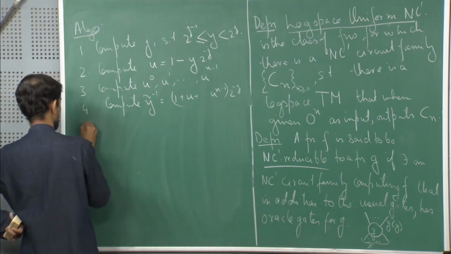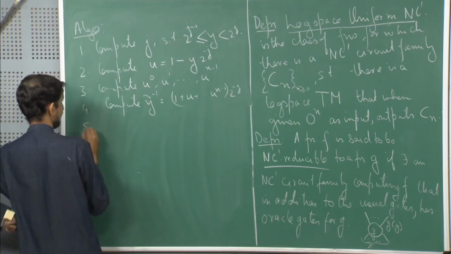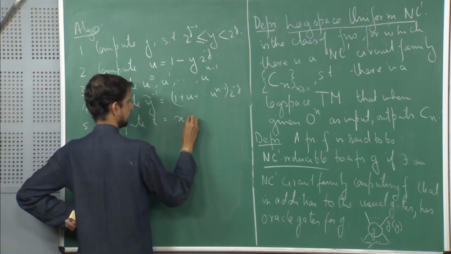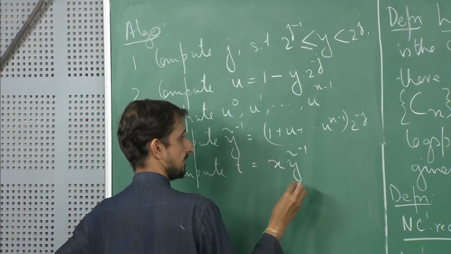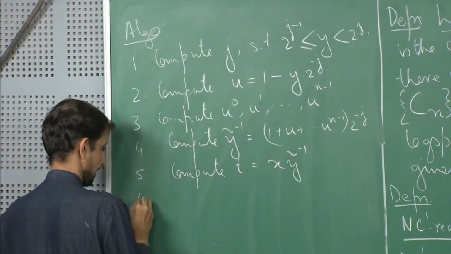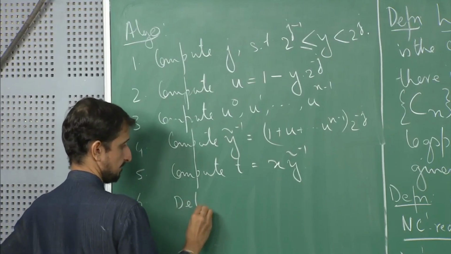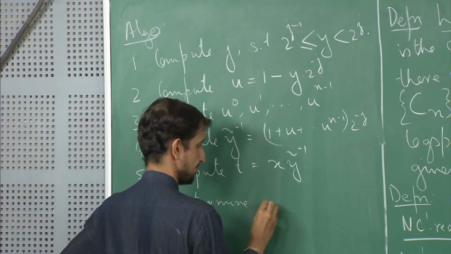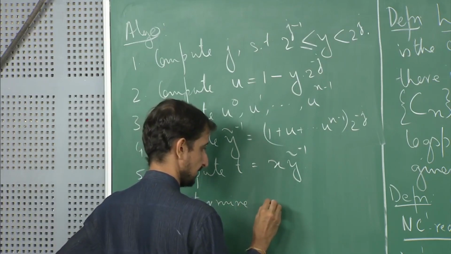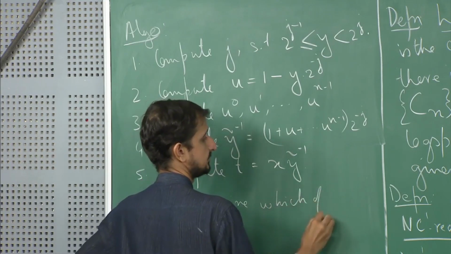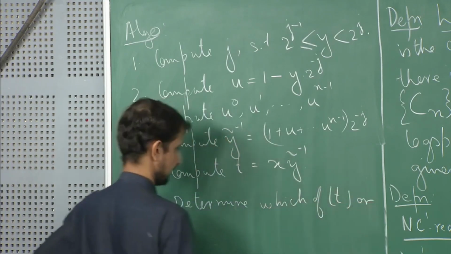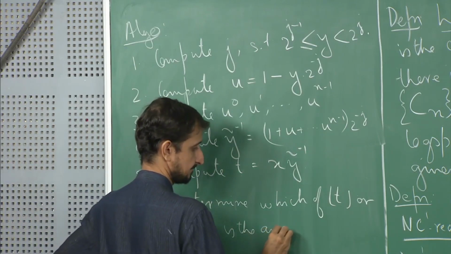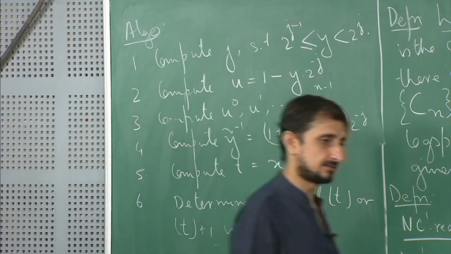We have seen iterated addition also in NC1. Then compute t, which is equal to x into this quantity. So determine which of this or this is the answer. Okay, so that's the algorithm.